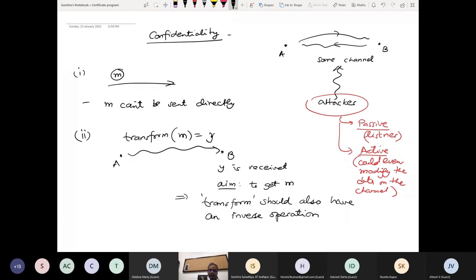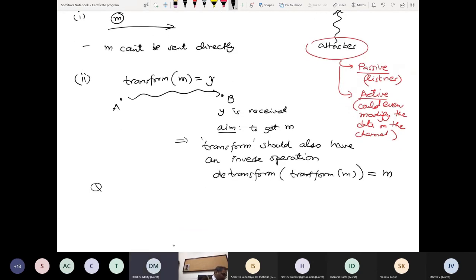By inverse, I can say something like D transform. D transform of the transformed message should get back the message M. Everybody is fine with this much.